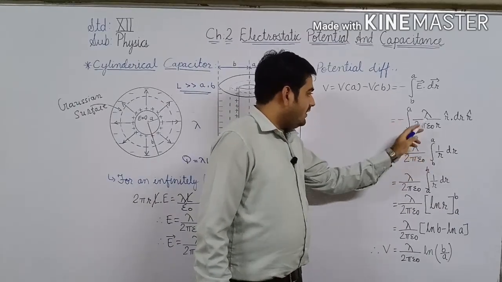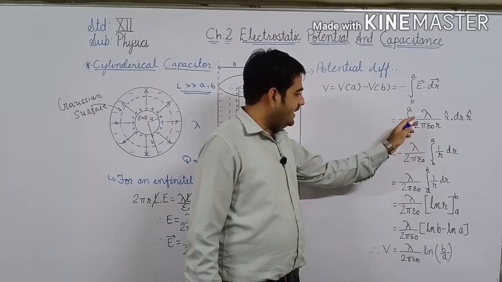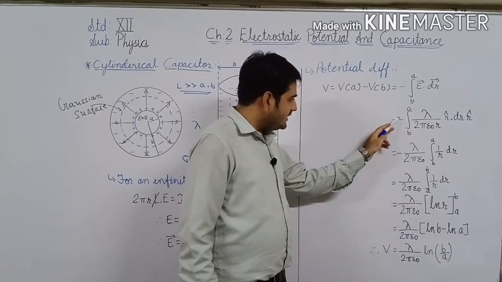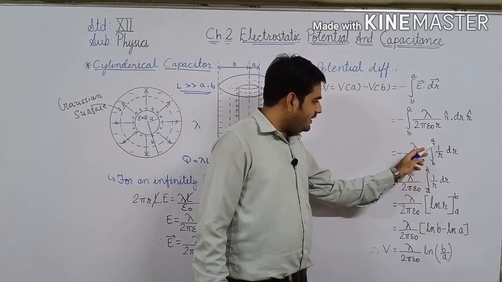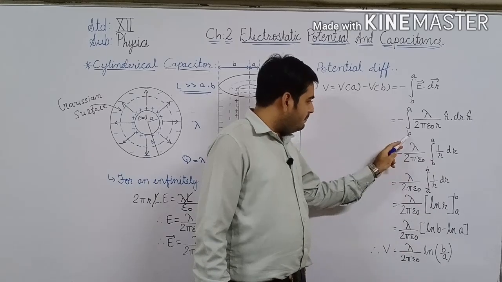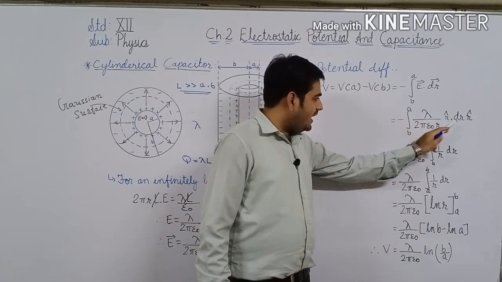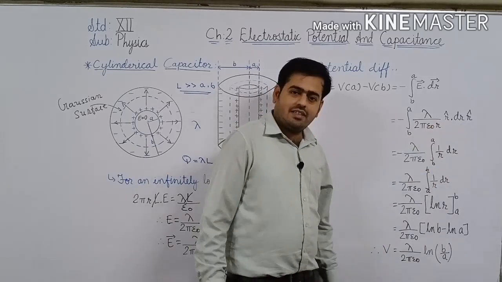Now this is the integration with respect to r, therefore we can take lambda upon 2 pi epsilon naught, with the minus sign, outside the integration. From b to a, 1 upon r dr, and R cap dot R cap is nothing but 1.